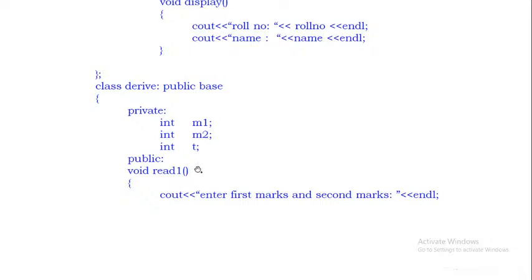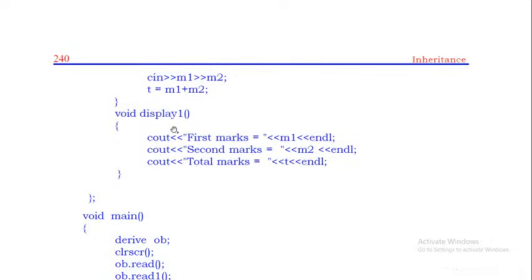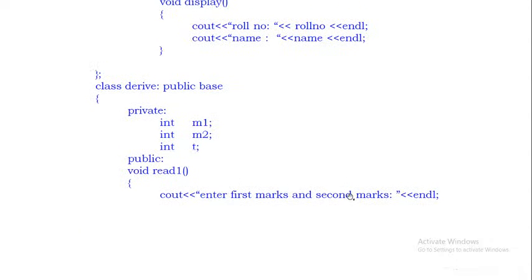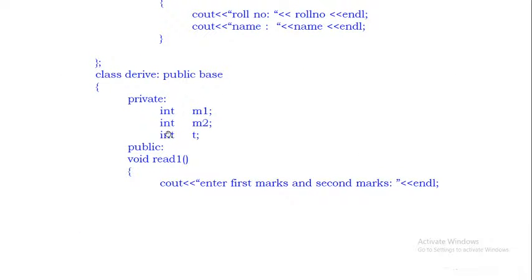So I am taking another two functions, read1 and display1. In read1, I am using a cout statement. With this cout statement, whatever we place inside the inverted commas will be printed. Again, we are placing values in m1 and m2, because whenever you declare m1 and m2, what happens?